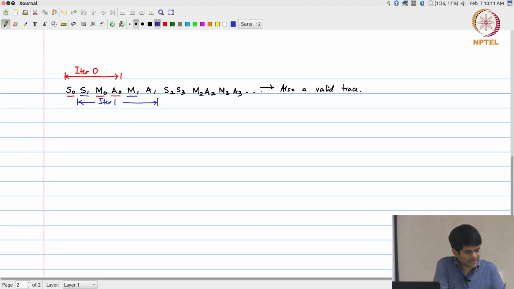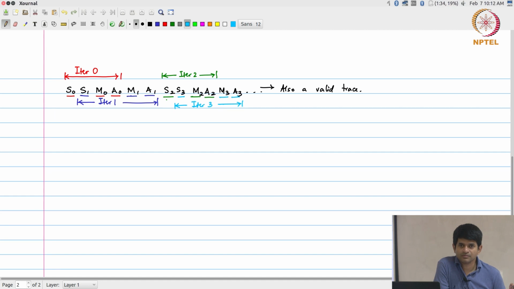It basically corresponds to S1, M1 and A1. Okay. Iteration 2 corresponds to these three. Iteration 3 to these three, etc.